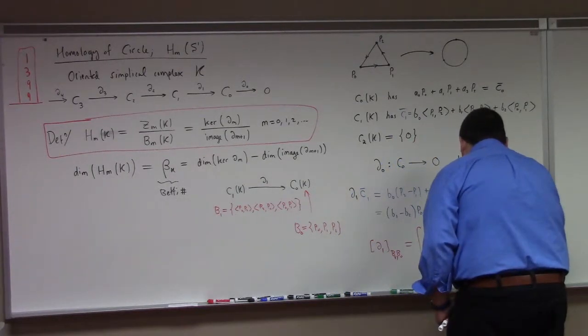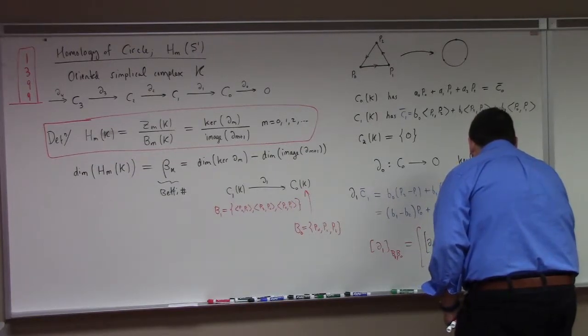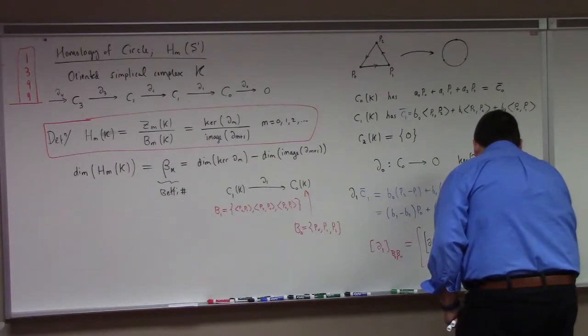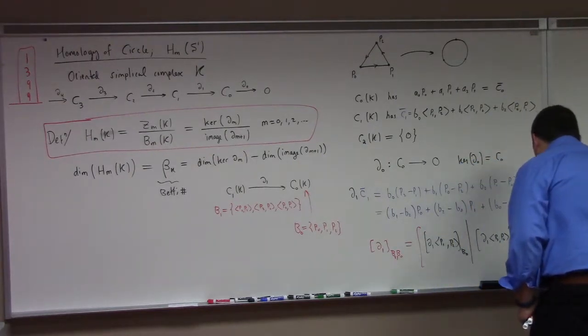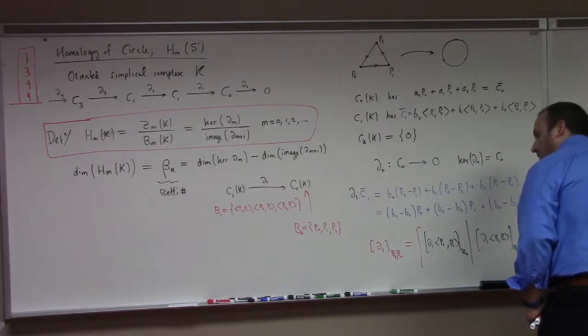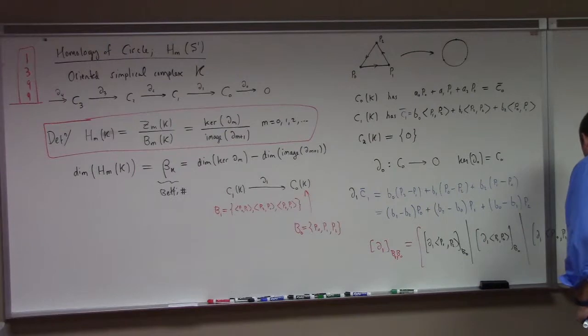Then we take boundary 1 acting on P2, P0, and calculate the B0 coordinate of that. We take boundary 1 acting on the third basis element, which is P0, P1, and calculate the B0 coordinate of that. So what is that?